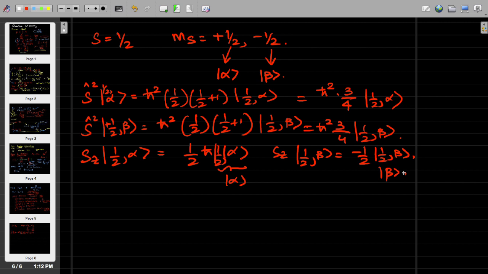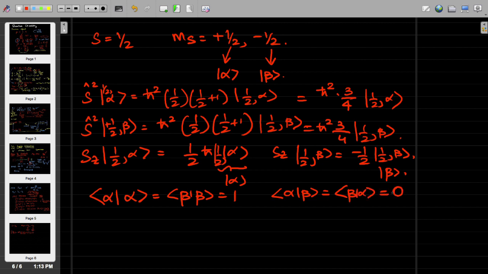Okay, so now one is able to understand that these two states exist and their relationship is very similar to that of the eigenfunctions you have seen before for the spherical harmonics, where alpha and beta are an orthonormal basis set, meaning that the integral of alpha with alpha is equal to 1, same with the integral of beta with beta. On the other hand, any cross integral of alpha with beta or beta with alpha is equal to 0.